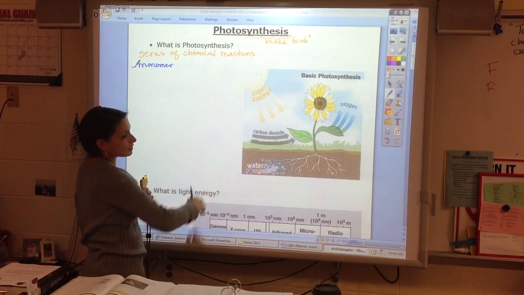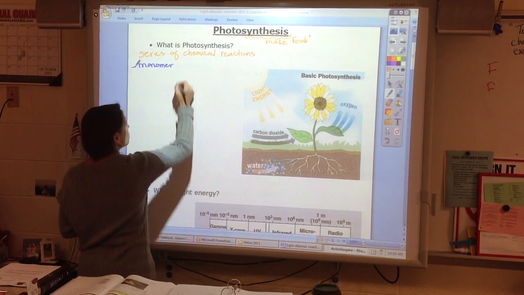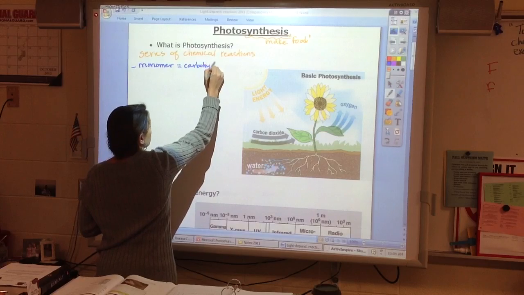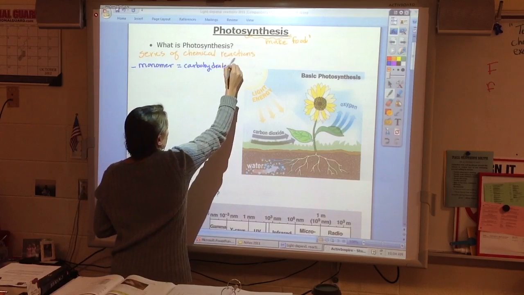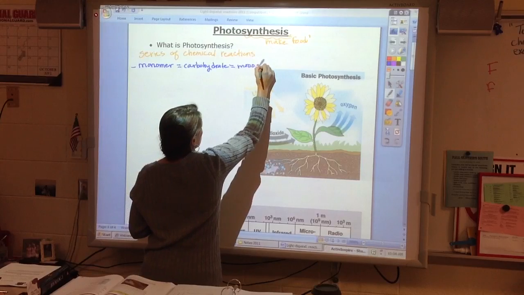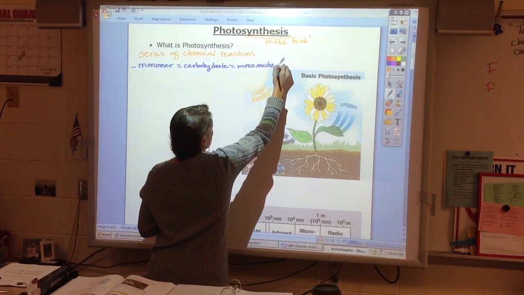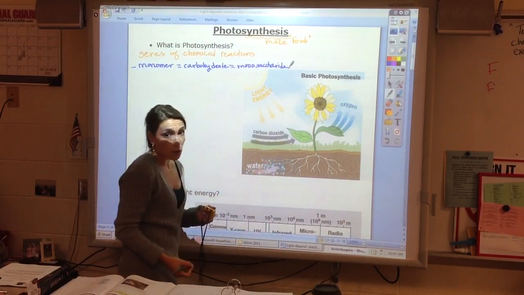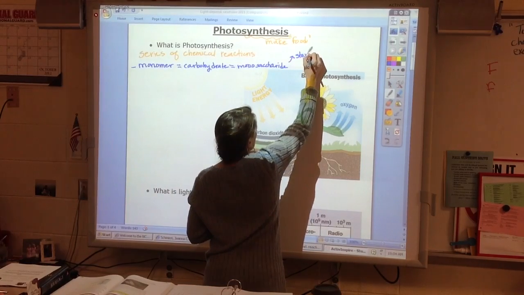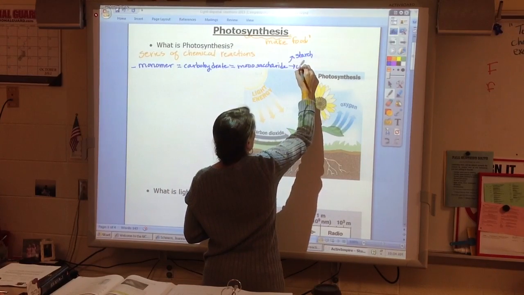And in plants, the main monomer that they're going to use is a basic carbohydrate. Really a monosaccharide. Because plants are going to use this to build starch, to build cellulose.